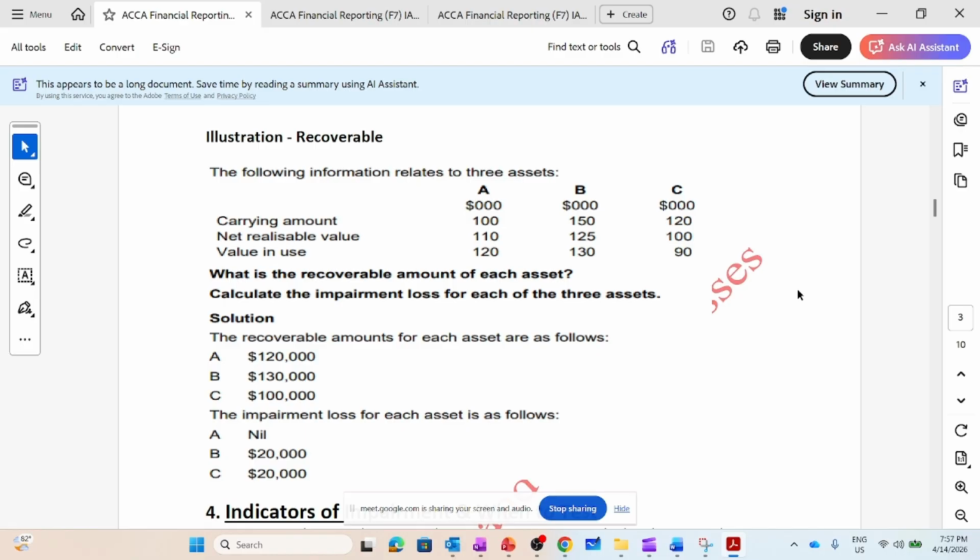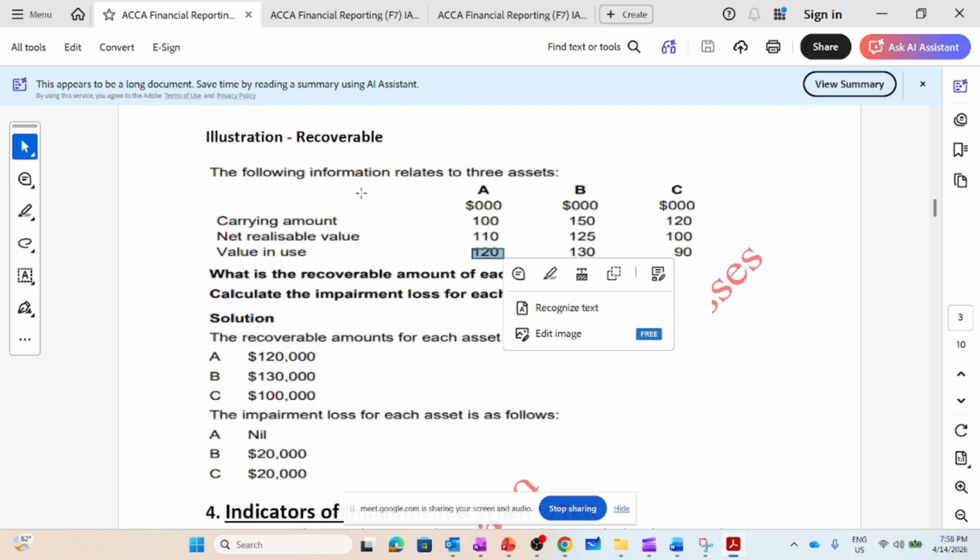The fair value less cost to sell for A is 110 and the value in use is 120. So for A, we are going to take 120 to be the recoverable value. Are we together? The 120 is what we are going to use as the recoverable value because it is higher than the fair value less cost to sell.